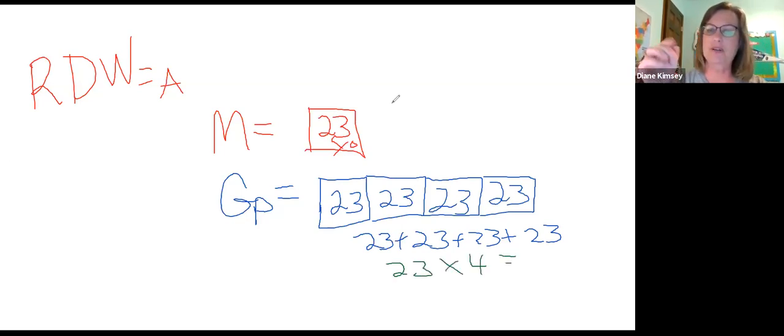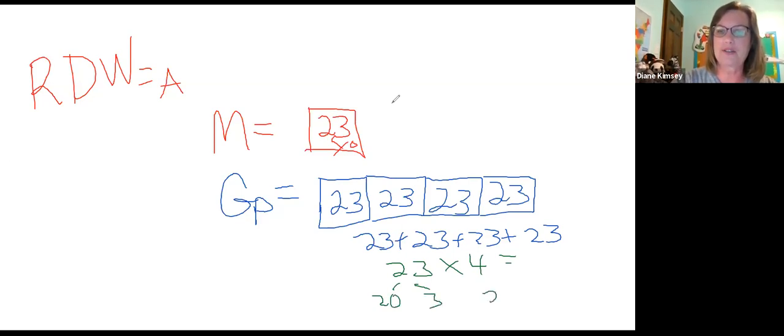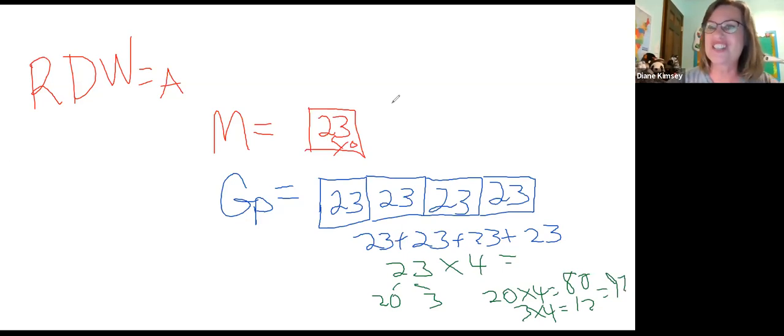And again, this is where the kids are just learning multiplication. And so maybe what we could do is take this out to 20 and a 3, and our kids know that 20 times 4 equals 80, and 3 times 4, that equals 12, to find out that grandpa is 92 years young. Go grandpa.